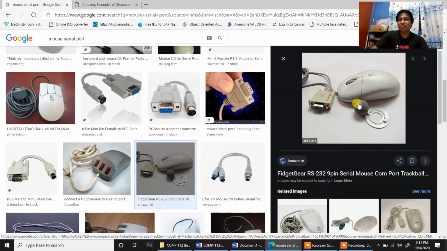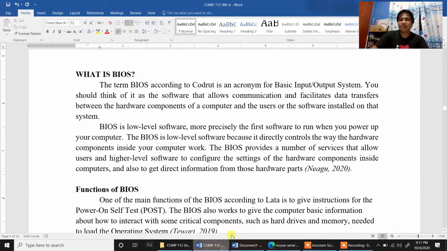Very bulky, but durability-wise, they were very durable because they were mechanical. Right now, the mice are laser or optical type. There are also wireless ones, and laser ones, wherein you can move the mouse even on transparent crystal and still use it.